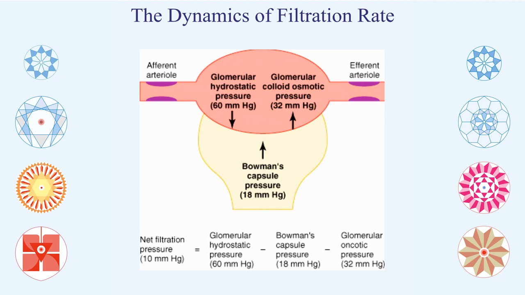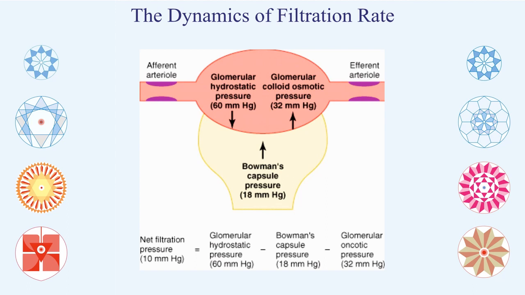Colloidal protein has a thicker structure and cannot pass through those slits, so it remains inside. Only a very small amount, less than 4 milligram, can pass. Since they cannot move out, they maintain the glomerular colloidal osmotic pressure within the capillaries.